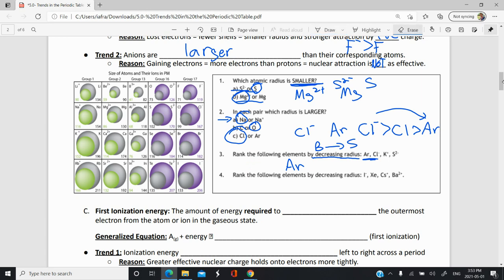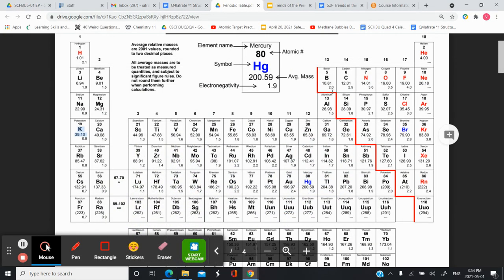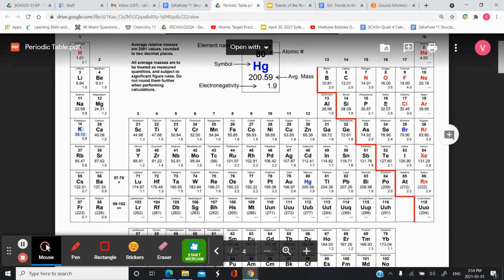Actually, I'm going to rewrite this and save some room because there might be something larger than chloride. I don't know. So let's take a look. So chloride here, argon here. Let's compare other things. Let's see if we can compare some S. If I was comparing S to chlorine, S, the atom, is larger than Cl, the atom. So the trend still applies here.